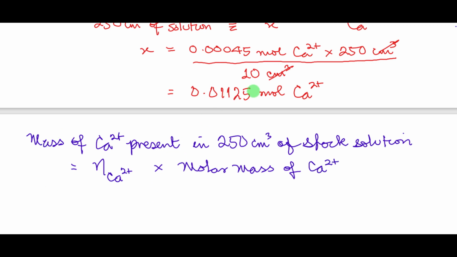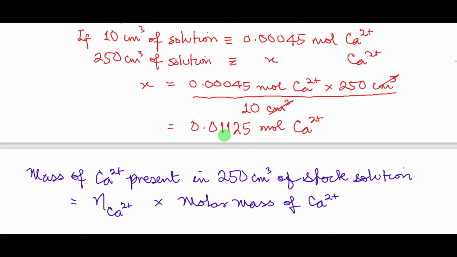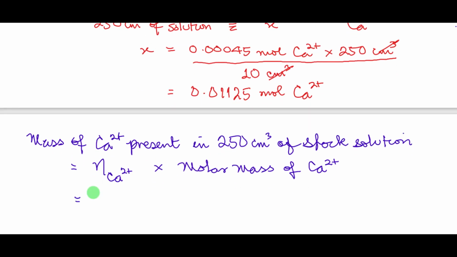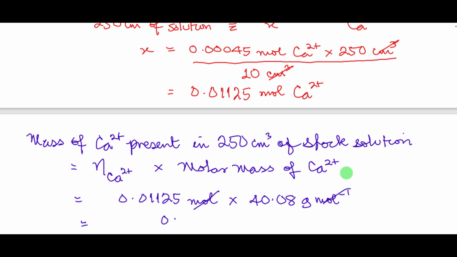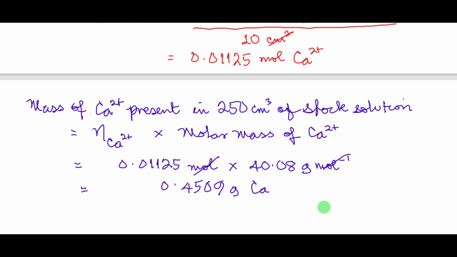Now what's the number of moles of calcium ion in 250 cm cube? That's what we just calculated, 0.01125 mole, times what's the molar mass of calcium ion? Molar mass of calcium ion is 40.08 grams per mole. So if we evaluate that, we get 0.4509 grams of calcium. So 0.4509 grams of calcium was present in the human tooth.